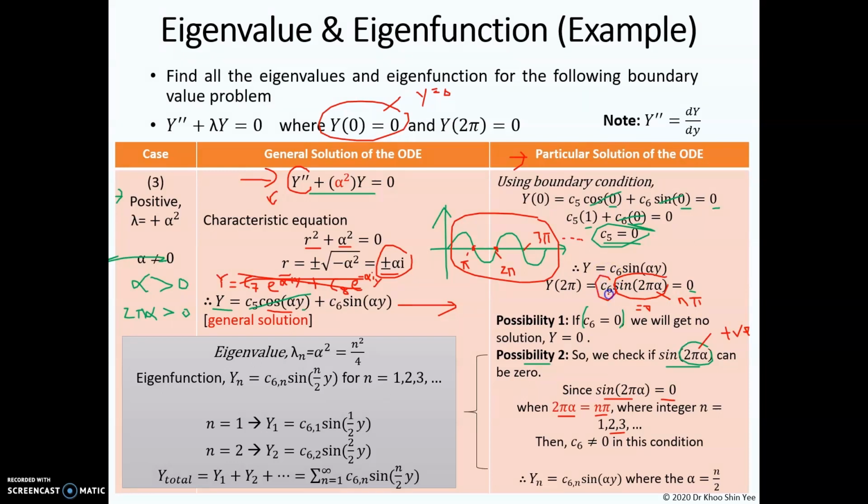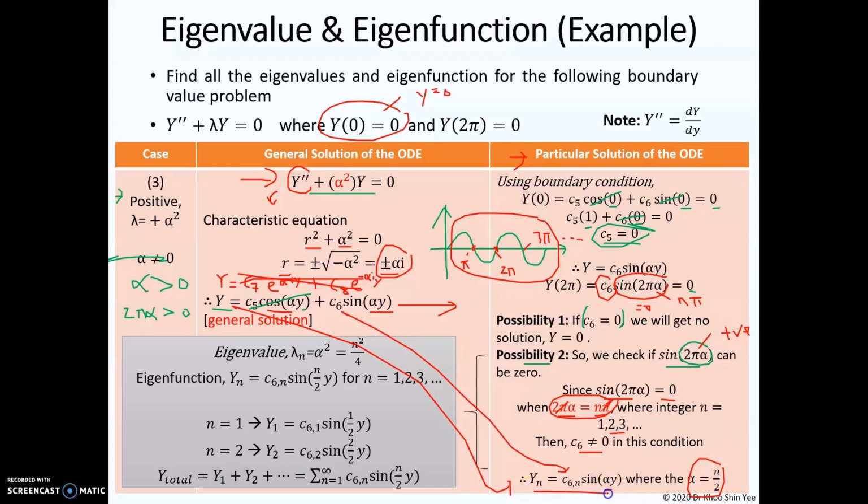Therefore, our C6 is not equal to 0 in this condition. From here, we can cancel the pi and you obtain the alpha equal to n divided by 2. Therefore, we obtain n number of the y solution, and you have the n number of the C6 coefficient multiplied with the sine alpha y, where the alpha is equal to n over 2 here.